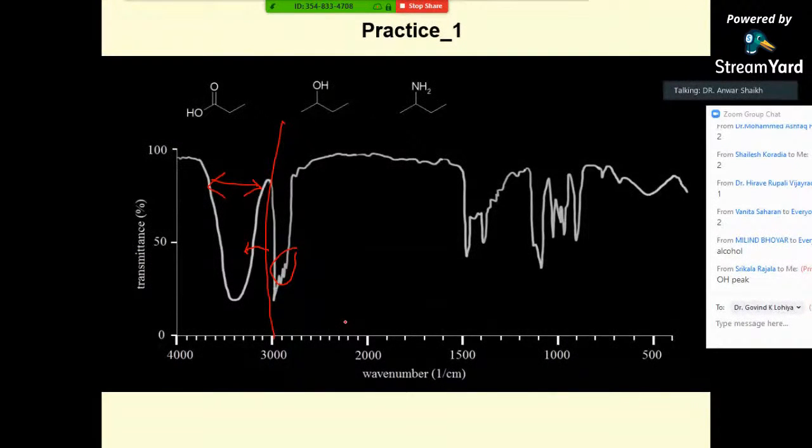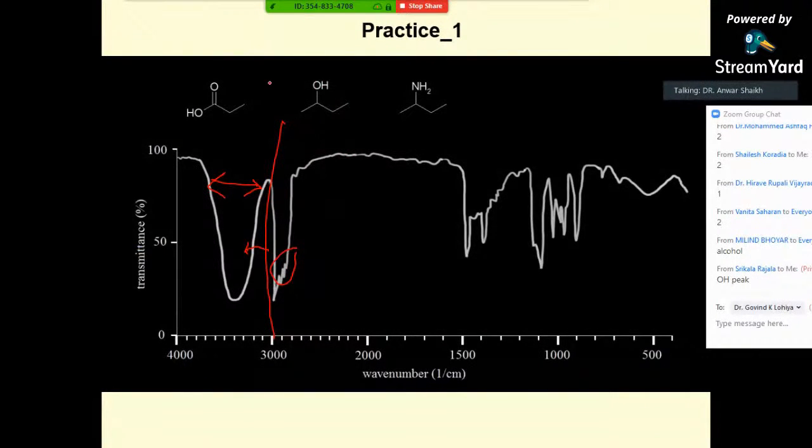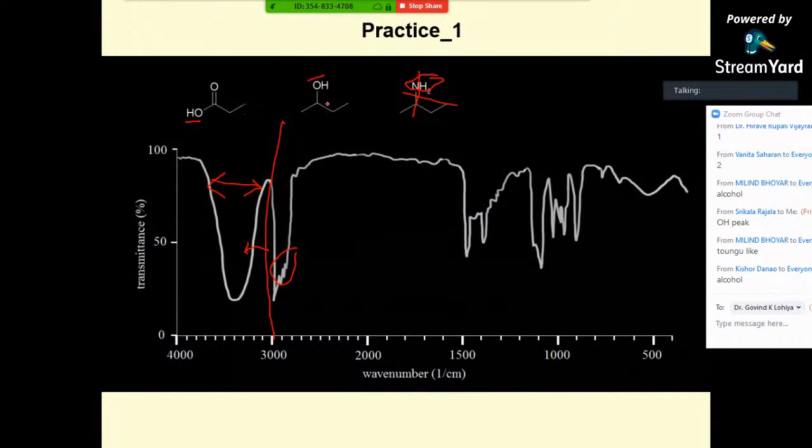So here comes whether it is OH of carboxylic acid or OH of alcohol, because it is not NH2. If it were NH2, this peak would have divided into two, because as I told you earlier, a primary amine always divides into two. So we are ruling out this molecule. This is not our answer. The answer may be from these two.